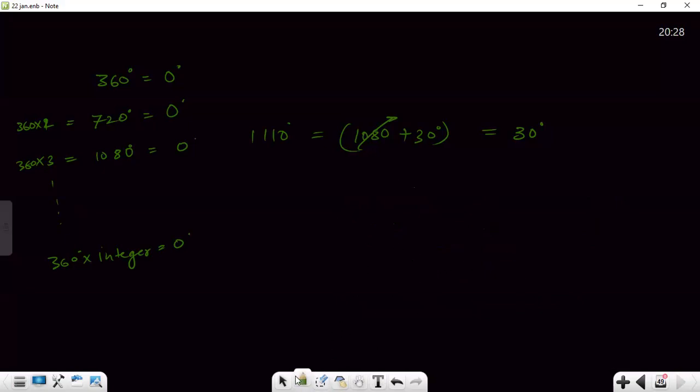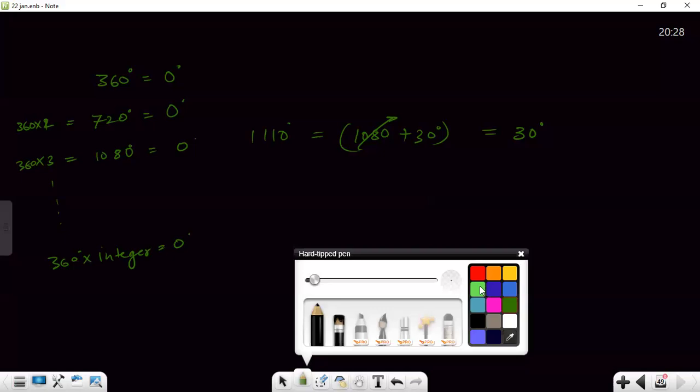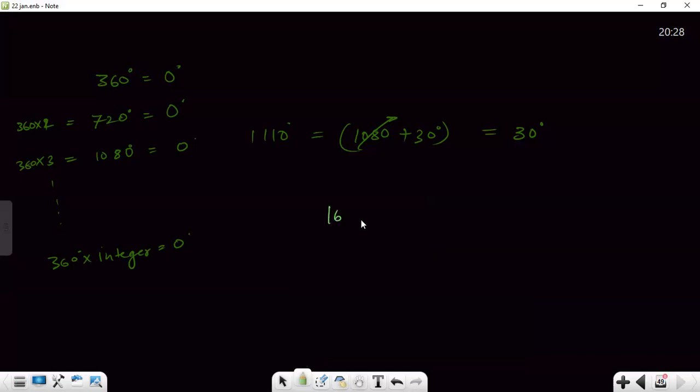Okay, so 16 into 16 into the 30 degree angle that we were discussing. So this becomes 16 into 3, which becomes 48, 480 degrees. Now 16 into 480.